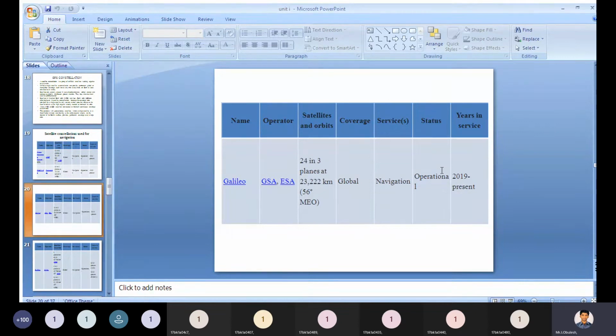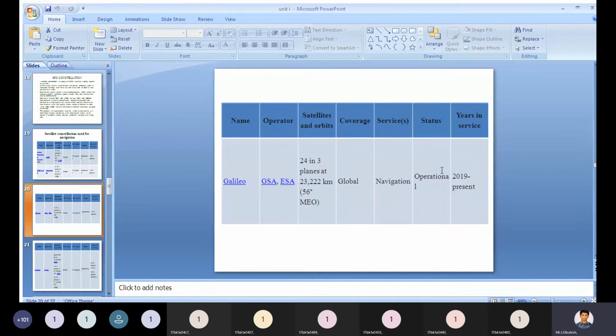How many satellites do we use in Galileo? 24 satellites, split into 3 planes, so each plane has 8 satellites, at around 23,222 kilometers, and the angle with the equator is 56 degrees.